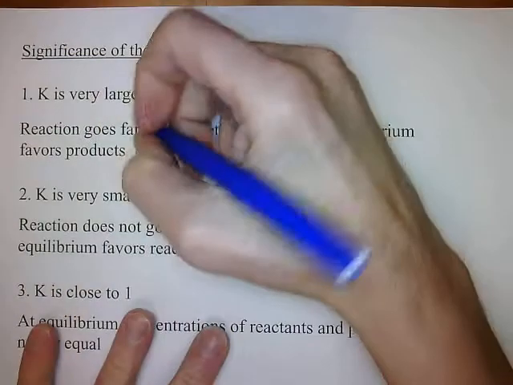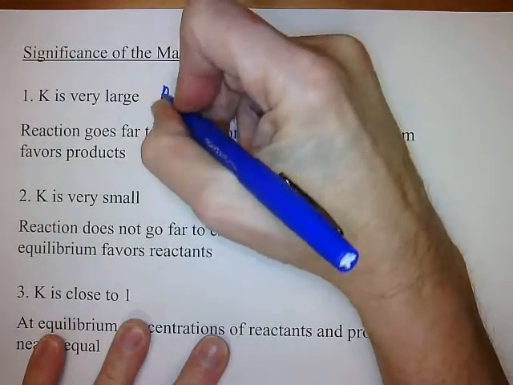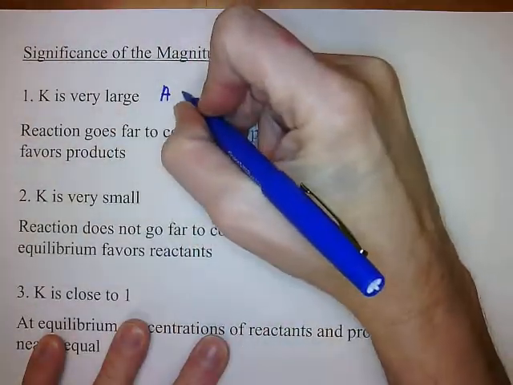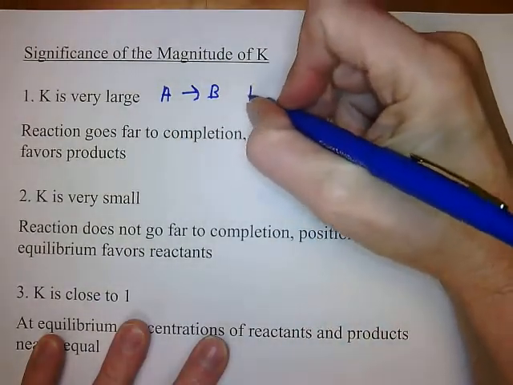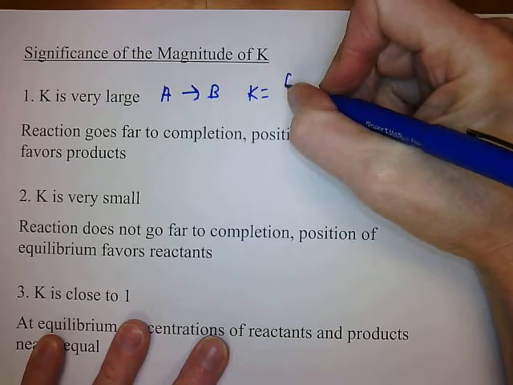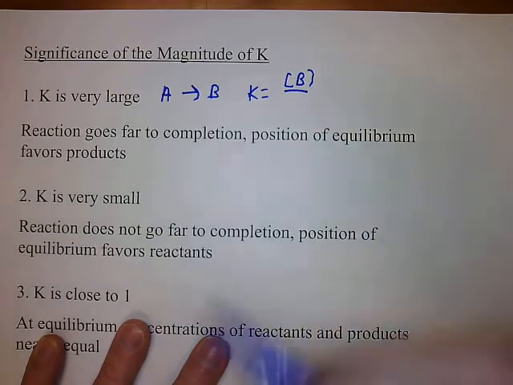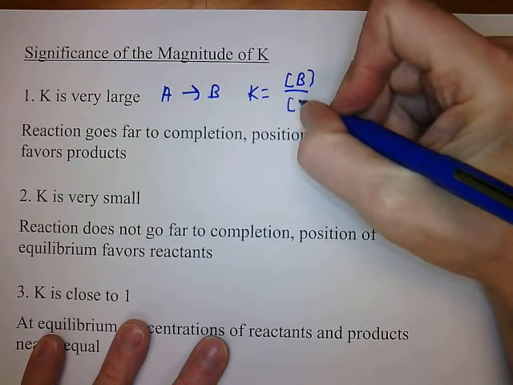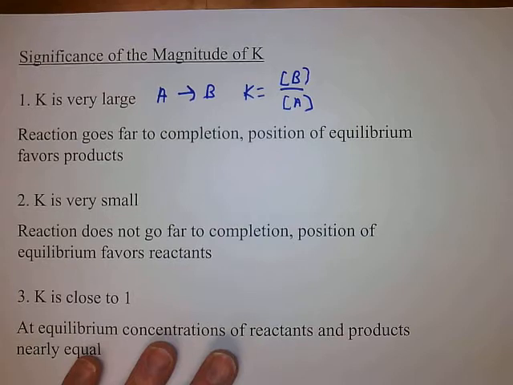Let's suppose we simply have A makes B. Reactant A makes product B. And the K would be the concentration of B over the concentration of A. It's always products over reactants, right?